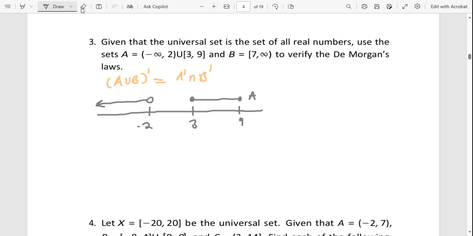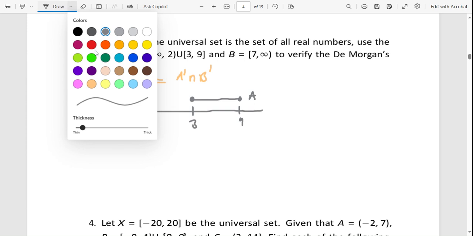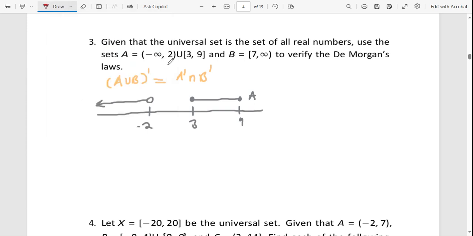And then we want the set B. The set B is from 7 to infinity. 7 is going to be somewhere here, and we are including 7, going in this direction. That's set B. Now, union means combine these two sets.